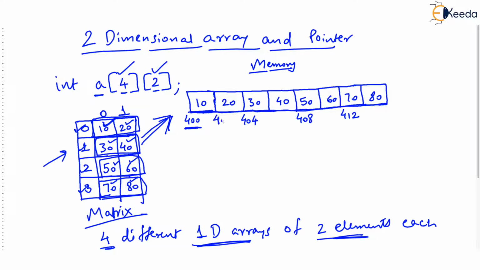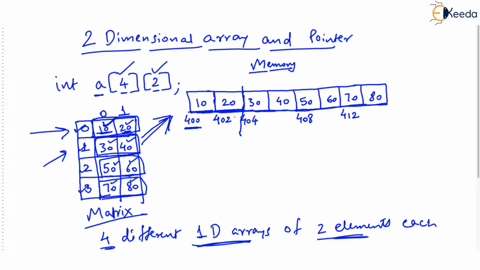So the next location is going to be 402, 403, 20. Now you note this 10, 20 is in fact the values of the 0th row. Observe this. And they are sequentially stored from 400, 401, 402, 403.